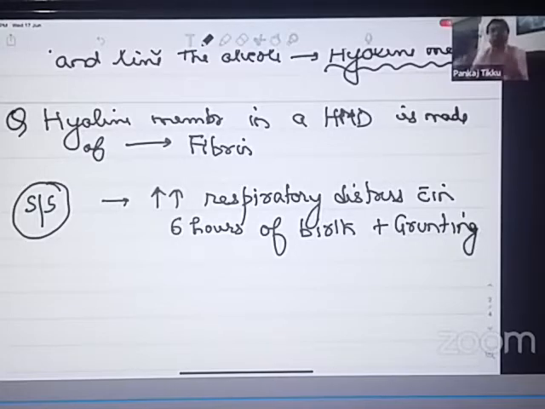So grunting is a sound which is heard during exhalation. It is basically a sound which indicates increased work of breathing.